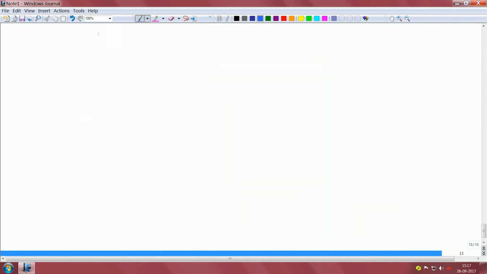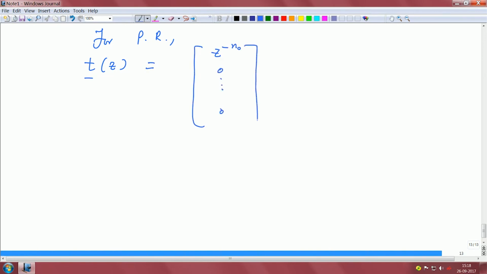Now, for perfect reconstruction, we force T of z to take this form z power minus n naught, rest all being zeros.